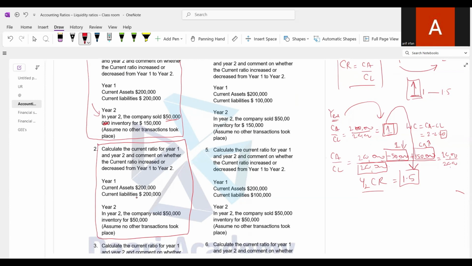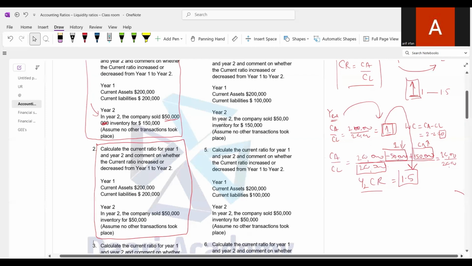Do the second question, and you have to solve it in 1.5 minutes. You have to try, that is important. Whether it is correct or wrong, it's no issue.